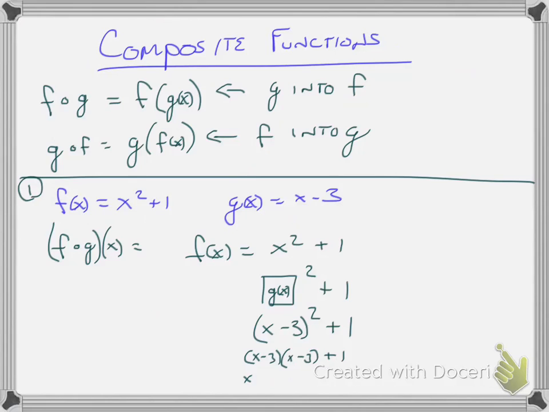So that's going to be x squared, negative 3x, negative 3x, which is negative 6x, minus 9 plus 1. I'm sorry, it should be plus 9. Negative 3 times negative 3 becomes plus 9. Then combine your like terms, and I have f of g of x is equal to x squared minus 6x plus 10.